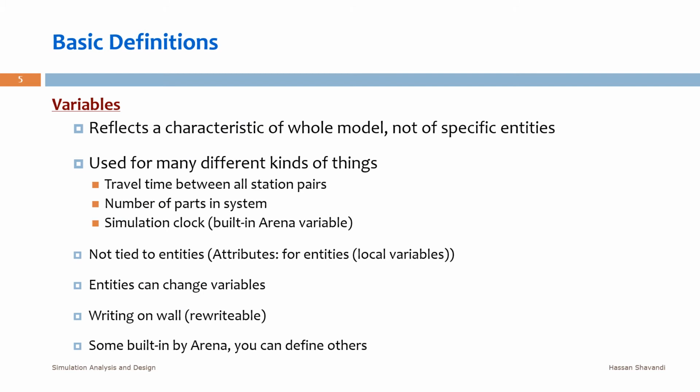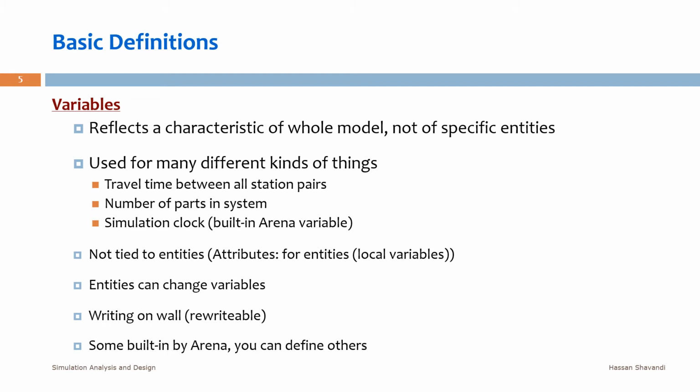Okay, so far we had all the definitions about the entities. Now think about the system, about the whole model, not just the entities. So for the whole model, we define variables. Variables are defined for the whole system, for the whole model, not just the entities. And they can be used for different kinds of things like travel time between the stations.